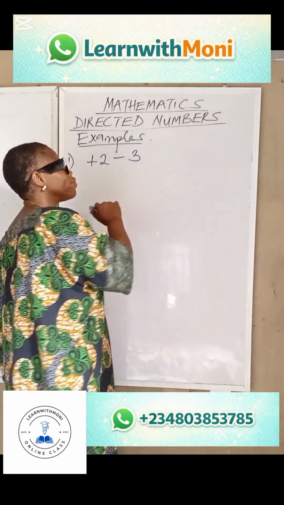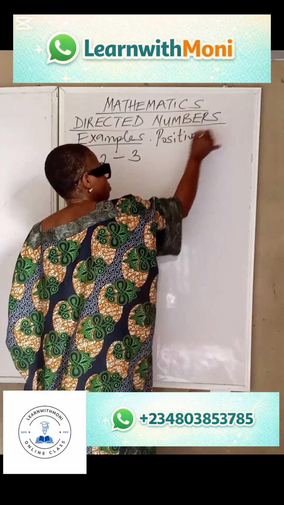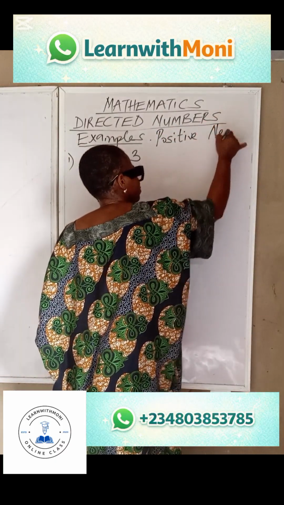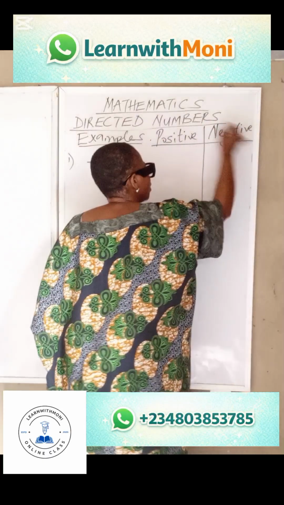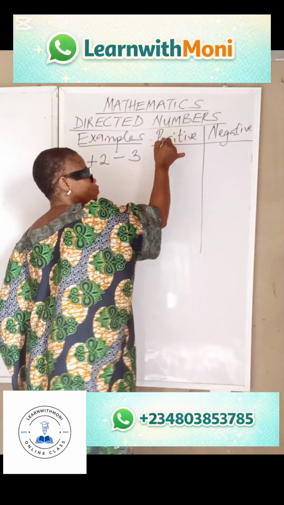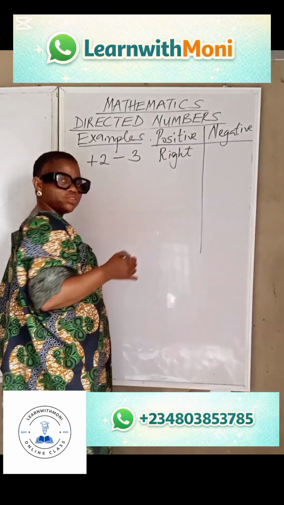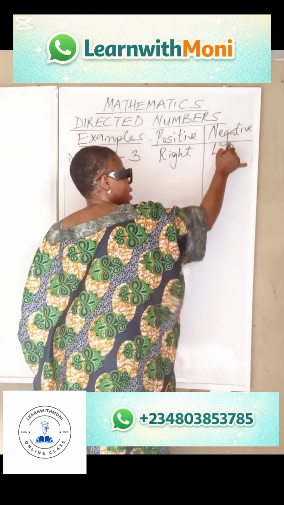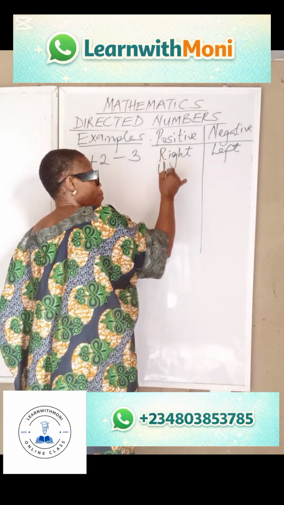Generally, let us consider positive and negative signs this way. Positive numbers are moving to the right. Negative numbers are moving to the left. Positive numbers are moving up.